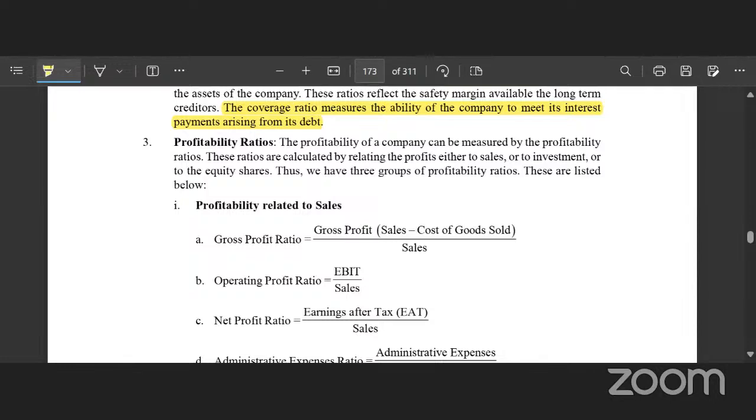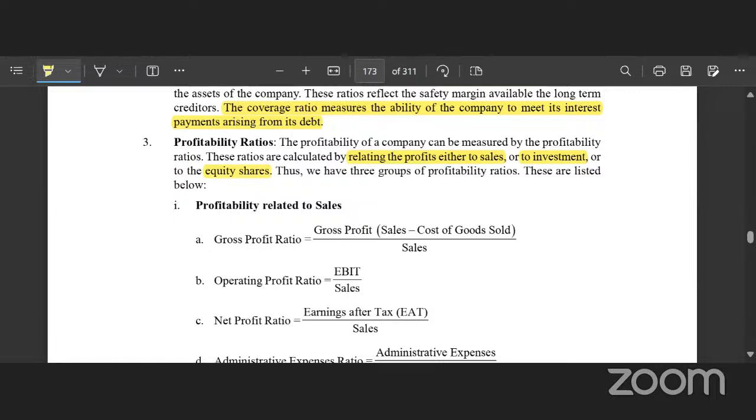So coming to the third variant of ratio, profitability. The profitability of the company is measured using profitability ratios. These ratios are calculated by relating the profits either to sales, or to investment, or to the equity shares. What does it mean?